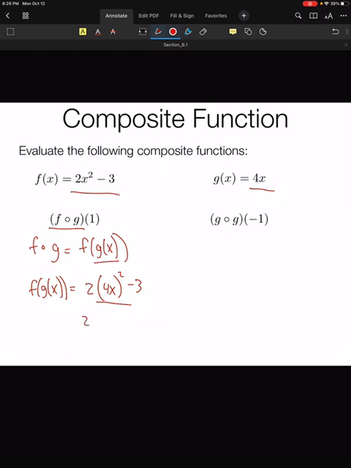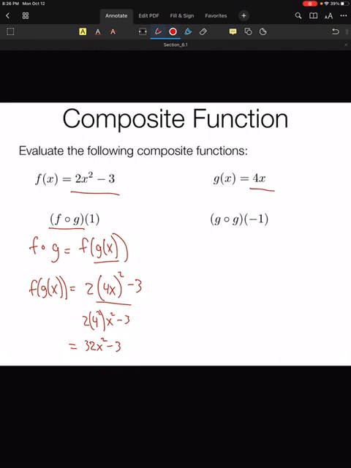So you have 2 times 4 squared times x squared minus 3. 4 squared is 16, and 16 times 2 is 32. So what I'm left with is 32x squared minus 3. So that's f composite g.